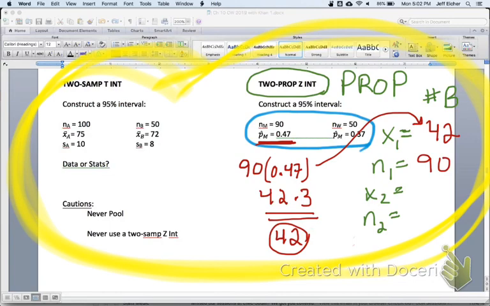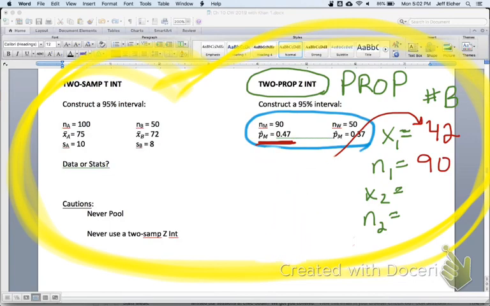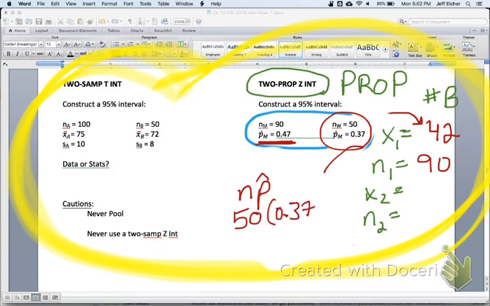X2 would be from this sample. We have n times p. That would be 50 times 0.37. And we could type that right in there, 50 times 0.37.